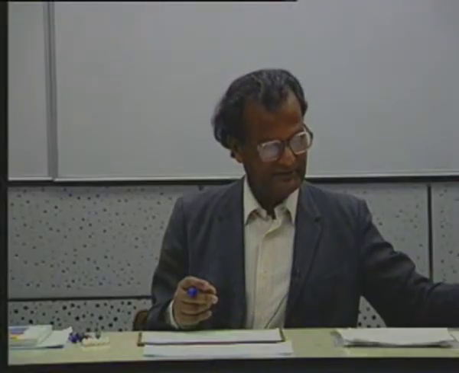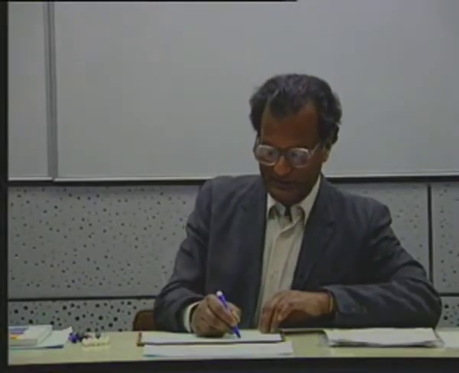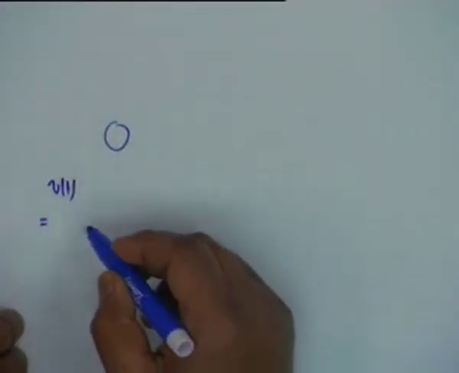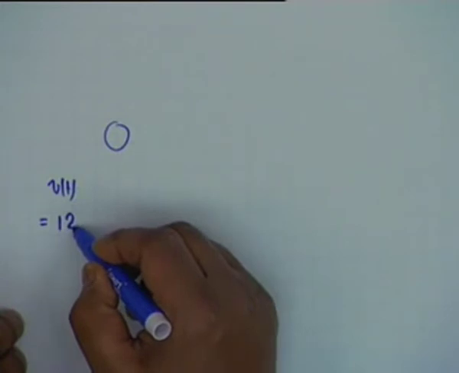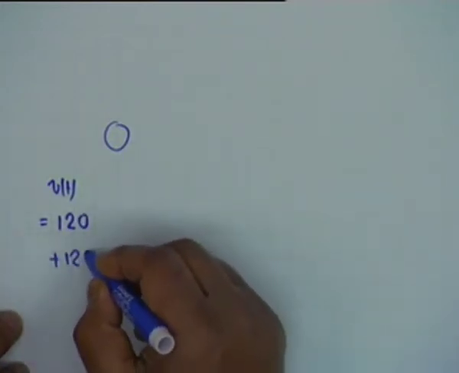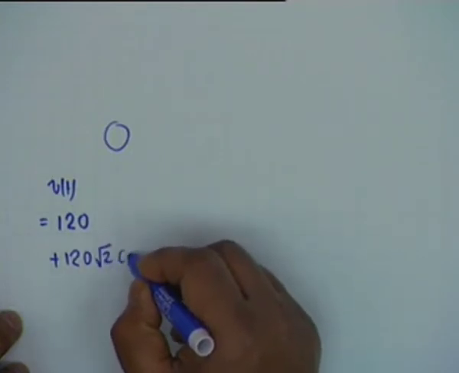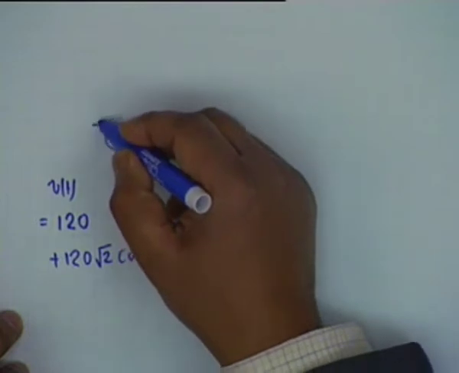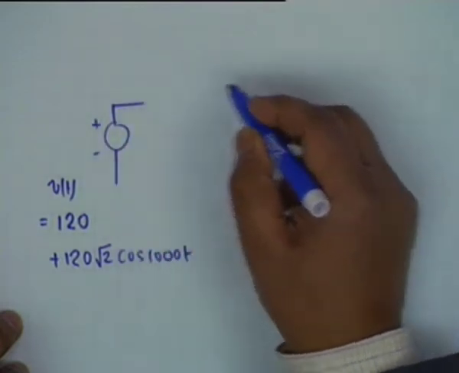This example, I have taken it from the book. We have a voltage source v(t), which consists of a DC voltage 120 plus an AC 120 root 2 cosine of 1000t. This is one of the problems in the tutorial sheet, in fact.